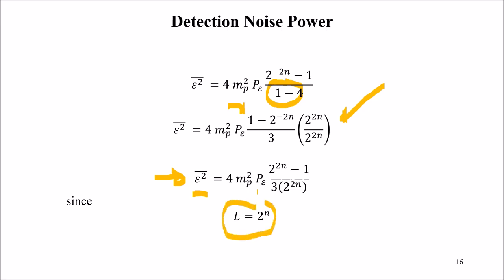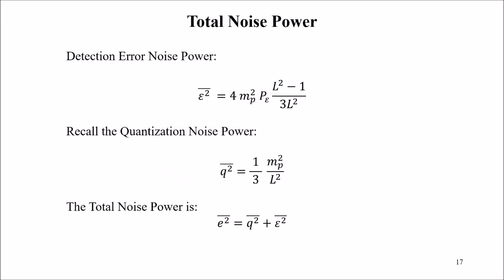Remember, our number of levels is equal to 2 to the nth power. So if we substitute that back in this equation, we get that the detection noise power is equal to 4 mp squared times the probability of a bit error times the level squared minus 1 divided by 3 times the level squared.